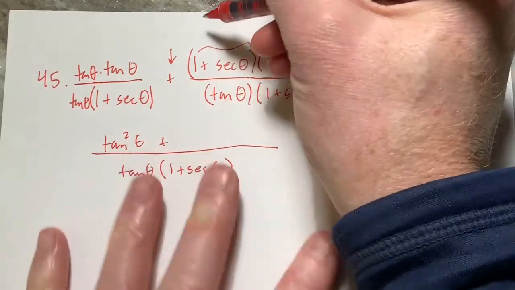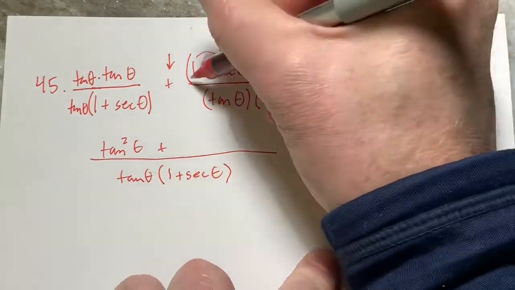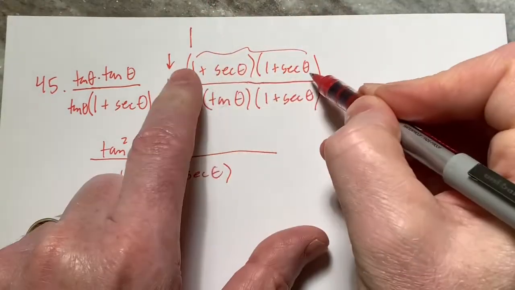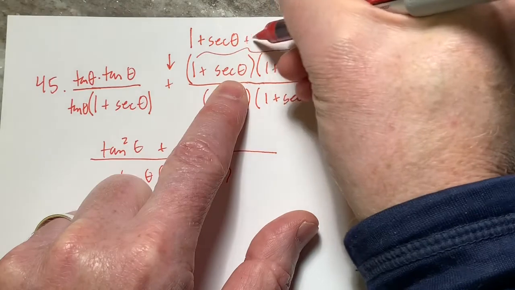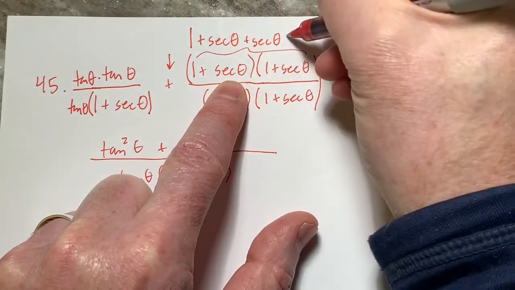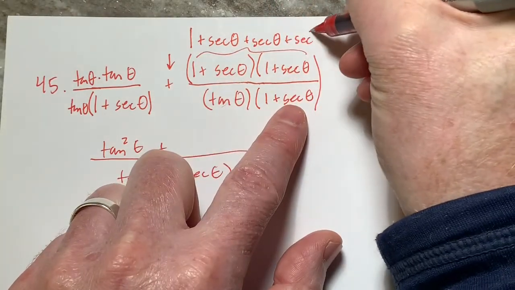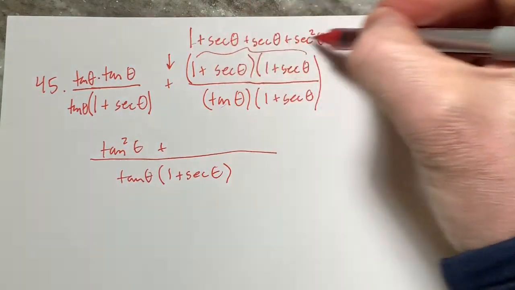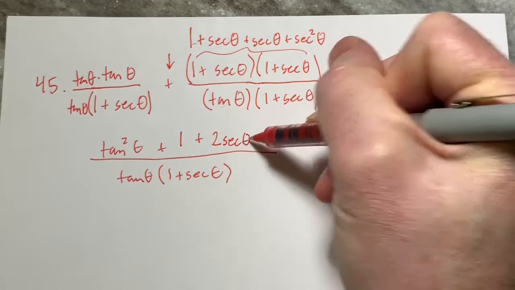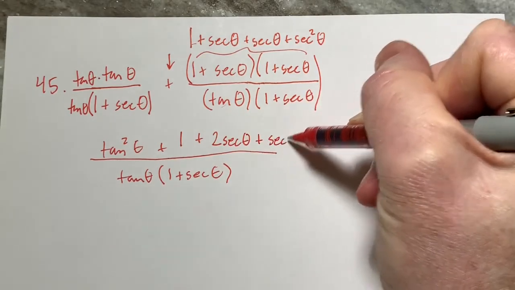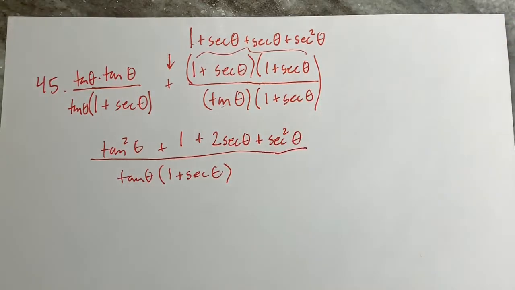So when you FOIL this guy out, I actually get 1 times 1, and then you get positive secant theta, and then another positive secant theta, and then finally a secant squared theta. Okay? So all of that gives me 1 plus 2 secant theta plus secant squared theta. So at first glance, you're like, what in the heck is this? This is a mess.